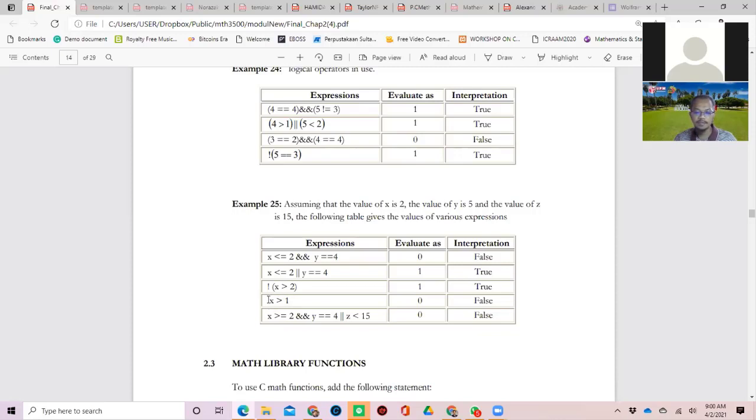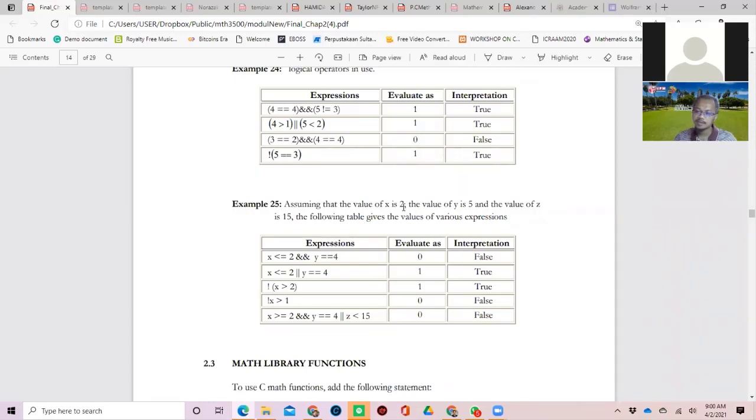For example here, not x. Not is the logic operator, but x is 2. In C, the value of the variable we convert to the logic value will become 1.